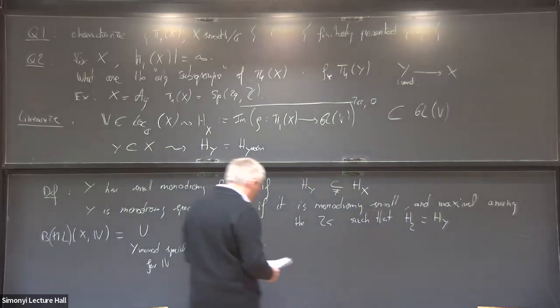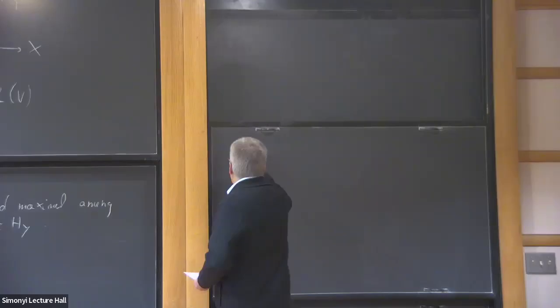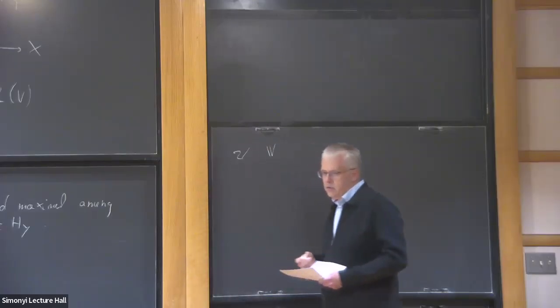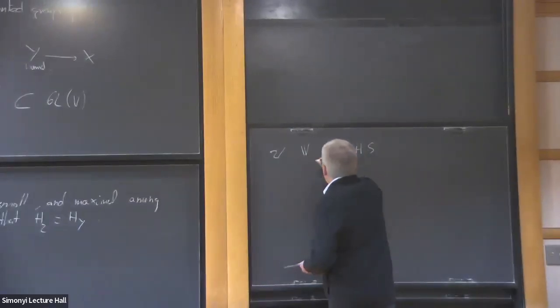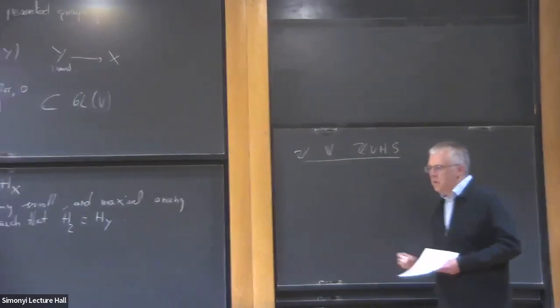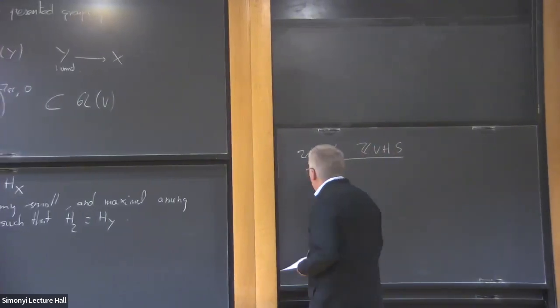All right, so let's look at some examples. What was discussed mainly this week is, as the simplest case, the case where V underlies a VHS, a variation of Hodge structure. And there we understand a lot of things.